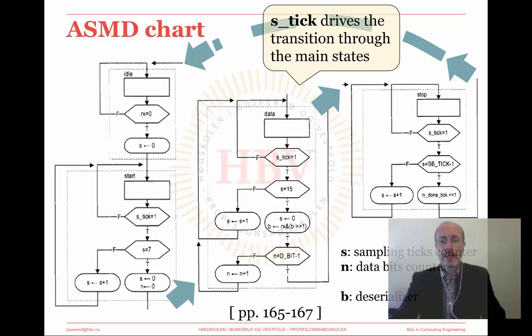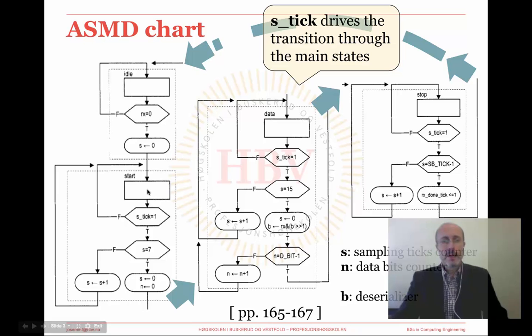As soon as a logic 0 is detected on the received data line, we know that we have started to receive a start bit for the next byte, and so the control path of the FSMD resets the sampling ticks counter and moves on to the start state where it increments the sampling ticks counter for every sampling tick received from the baud rate generator.